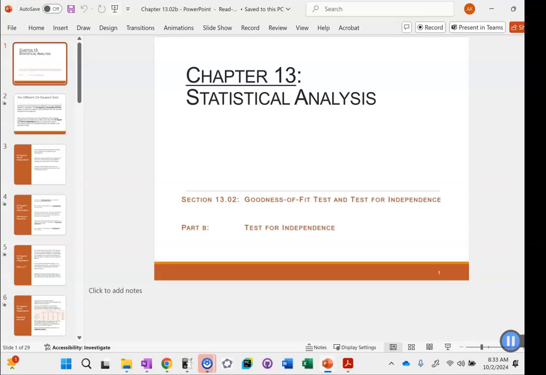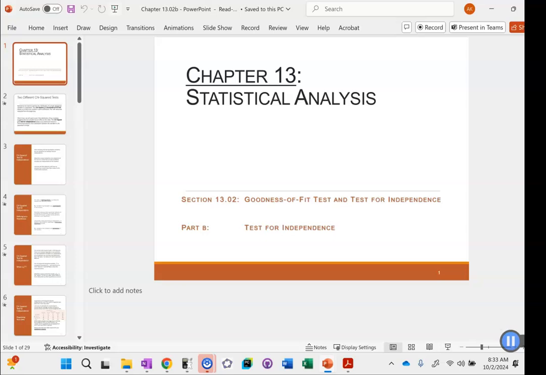We write a null hypothesis, which can always be stated in the manner that variable x and variable y are independent of one another. I need to see that word independent in your null hypothesis for the chi-square test for independence. I would not give you credit for something like not related, not correlated, not caused by. It has to be the word independent.